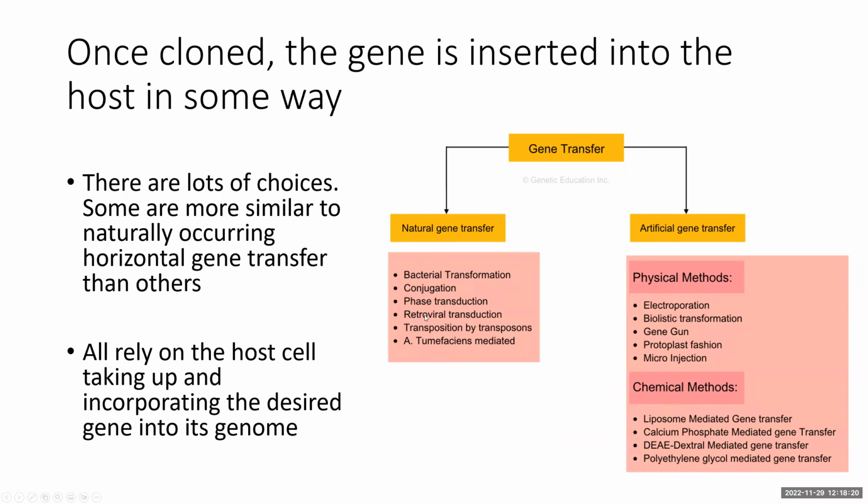You can use viruses to insert your vector into other organisms. You can also use physical methods that just put a lot of DNA into the cell, hoping some of it will be incorporated. Things like gene guns or microinjection. And there are some chemicals that can help you do it as well. But all of these rely on the host cell taking up and incorporating the desired gene into the genome.